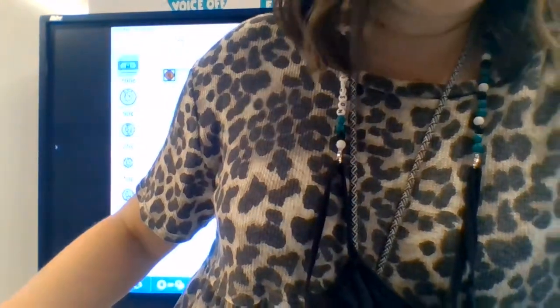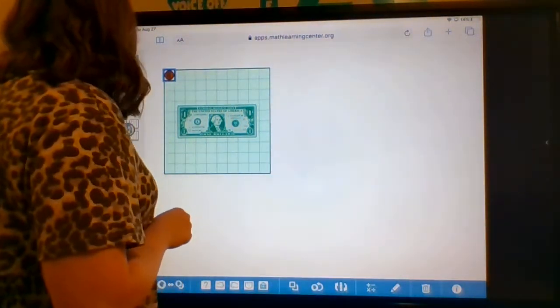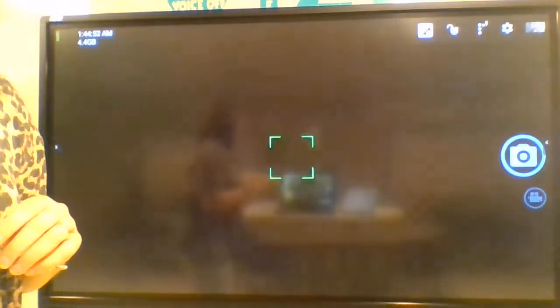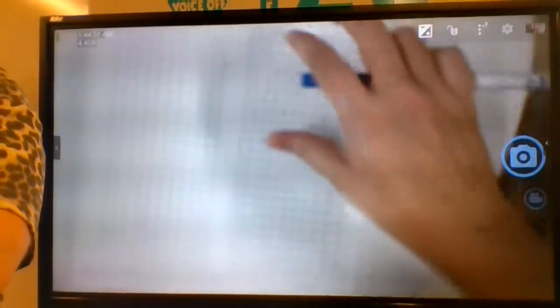Okay, so I want to look at this grid map.